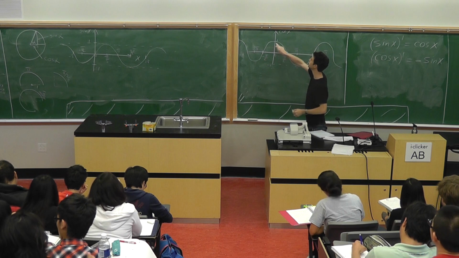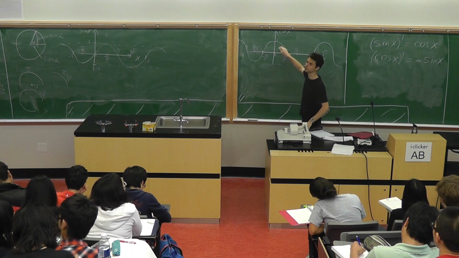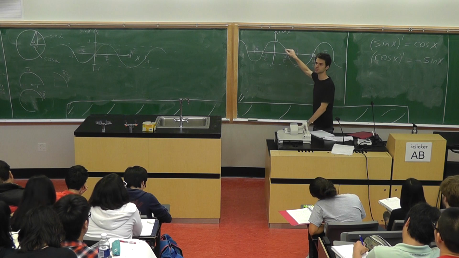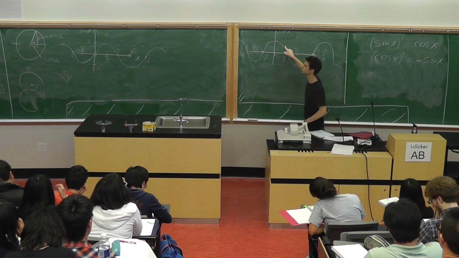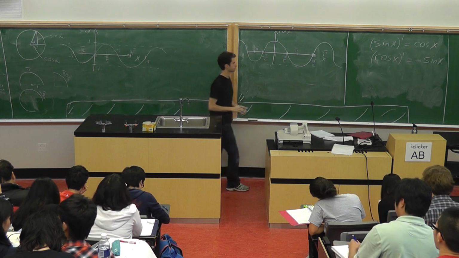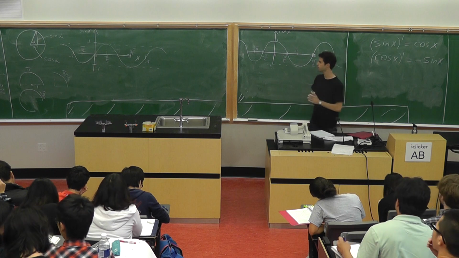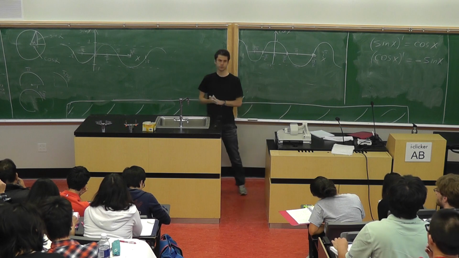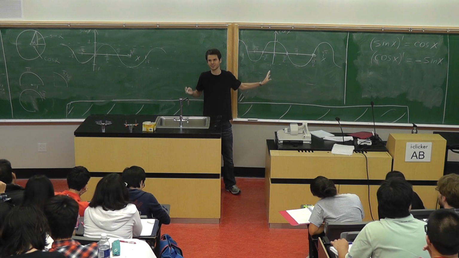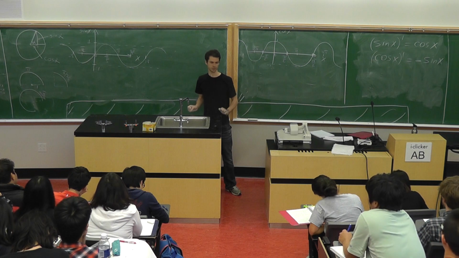For instance, when x is small and positive, cosine is decreasing, so its derivative must be negative. So it's minus sine. Basically that's all you should know about sines and cosines.